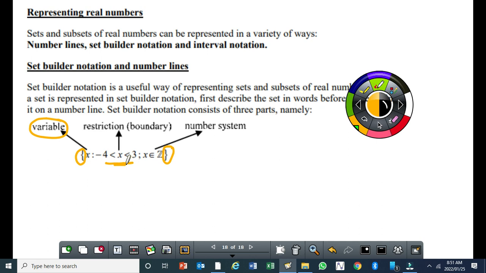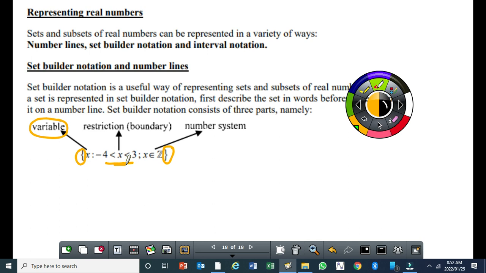The 3 is not included as well, because we don't have an equal sign there. So -4 and 3 are not included in that interval. But x must be between -4 and 3, excluding -4 and 3.